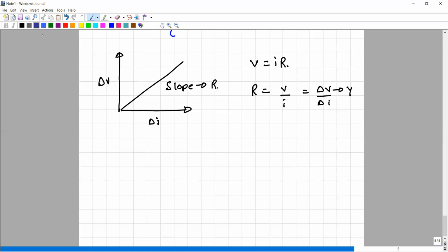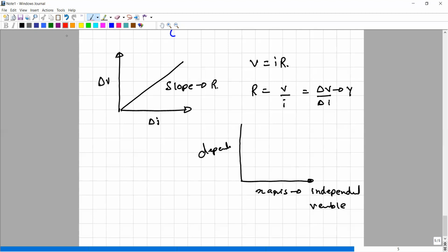But mathematically, we always try to put the independent variable on the x-axis. You have done this in your junior classes. On the x-axis generally independent variables are put and on the y-axis the dependent variable.